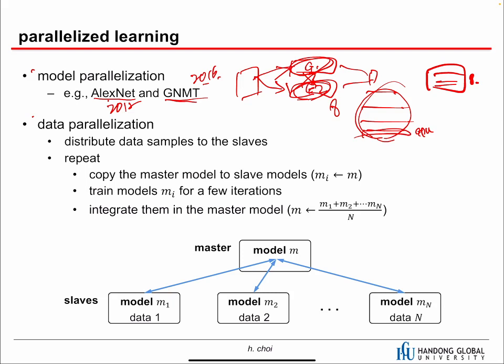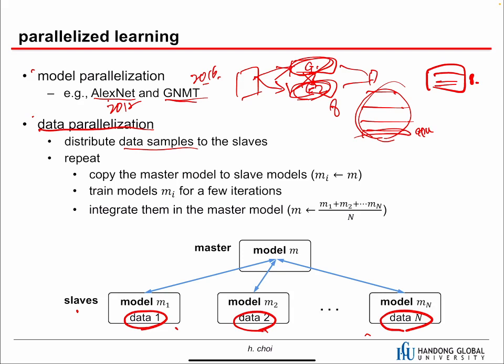But most of the time, data parallelization is the parallelization that we use, because this is really simple. First, we distribute the data samples to the slaves. So we have many slave servers, okay? And then we distribute the data samples like this. It's a kind of subset of the data set.